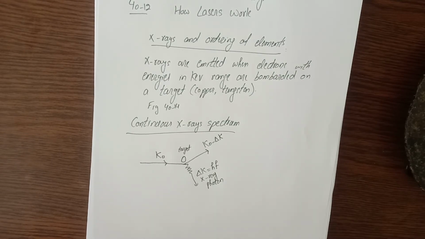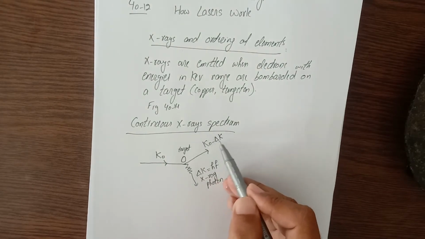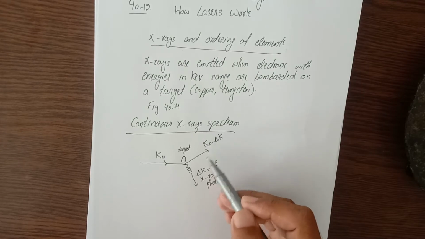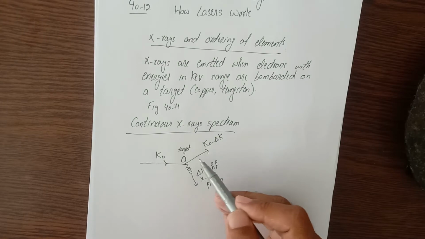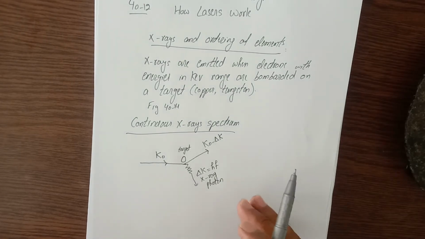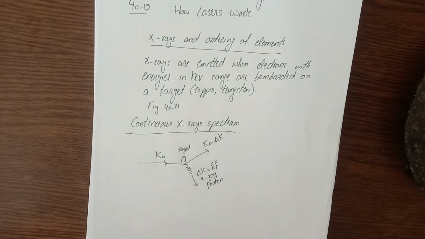All the photons generated by these collisions form part of the continuous X-ray spectrum. If the electron, whose energy has been reduced, strikes another target atom, more energy is lost, and if this process of photon scattering continues, they form a continuous spectrum.